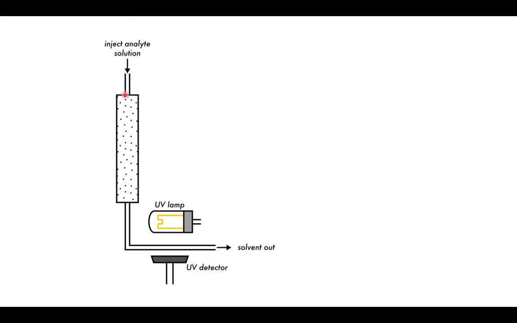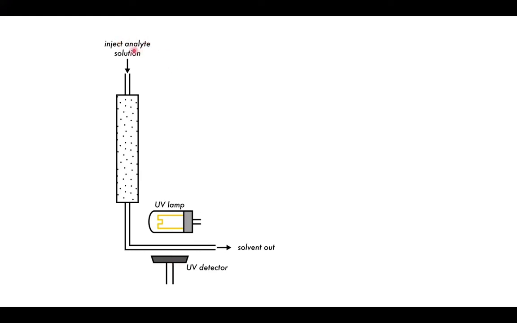We'll inject this solution, and the different analytes will move through it at different rates. That separation in time and space will mean that they will exit the column at different times, and hopefully they will be what's called separated. So whenever we detect them using our UV lamp at a particular wavelength, what we detect will only be the analyte that we're interested in. That will enable us to actually measure the concentration which is present.